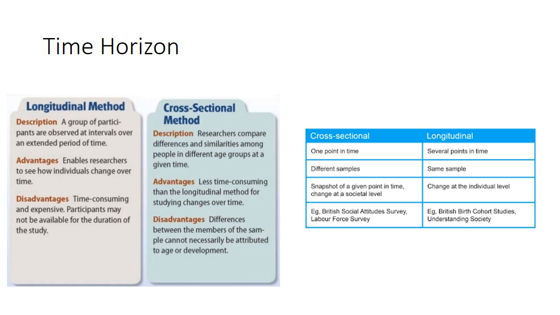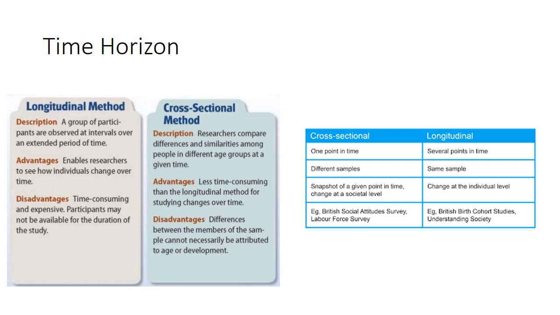If you see the cross-sectional advantages, it is less time consuming than the longitudinal method for studying changes over time. Disadvantages: differences between the members of the sample cannot necessarily be attributed to age or development. So the differences would be difficult to attribute.